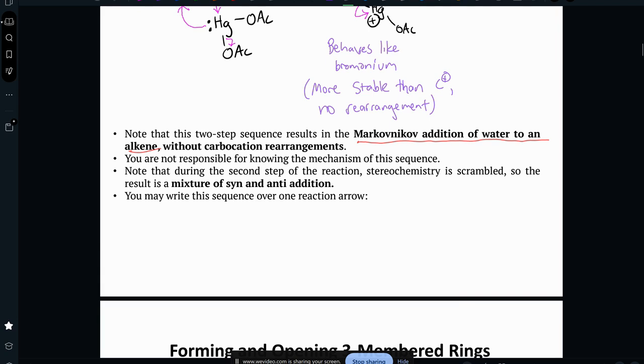If I wanted to write this out, a lot of times you'll see this written over one arrow. So you'll have your alkene, in this case, this alkene. Over the arrow, we write step 1, mercury acetate and water. And in step 2, NaBH4.